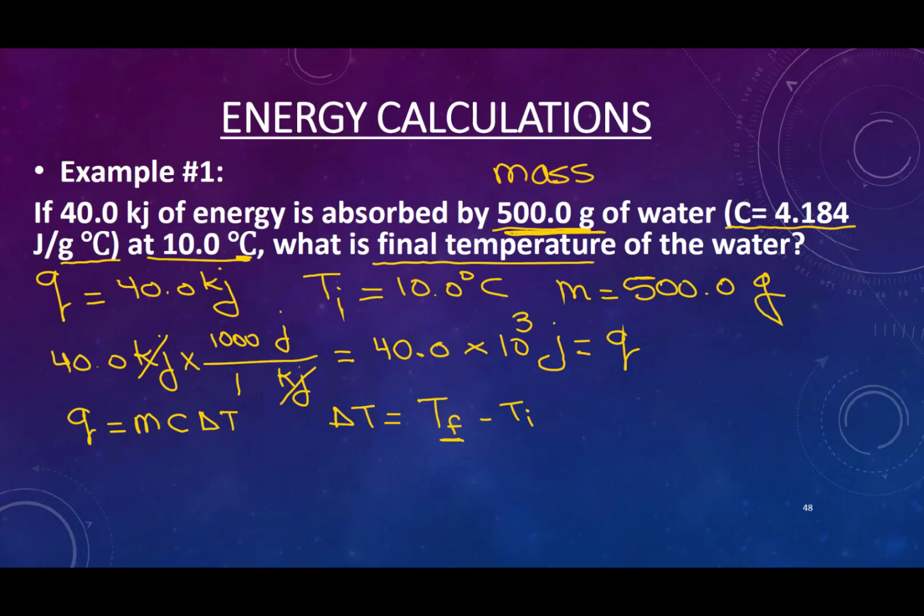Okay. Then delta T will be equal to Q over m times C, which is equal to Q, which is 40 times 10 to the power of 3 joules, divided by m, which is 500 gram, times 4.184. Okay. Then when you plug in all these numbers and you solve for it, let me plug it on my calculator.